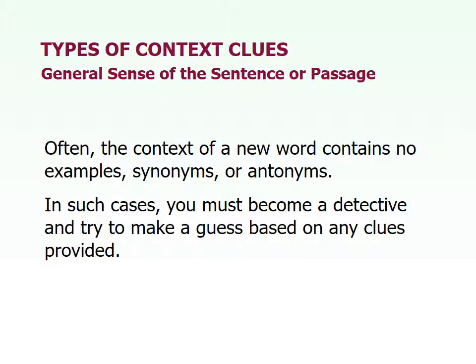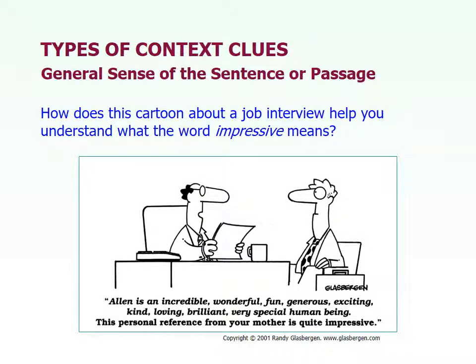The last type is going to be the most common type, which is using the general sense of the sentence or passage. A lot of times you're not going to have examples, synonyms, or antonyms, and you have to guess generally from what the sentence means what this vocabulary word likely means. So it says, "Alan is an incredible, wonderful, fun, generous, exciting, kind, loving, brilliant, very, very special human being. This personal reference from your mother is quite impressive."